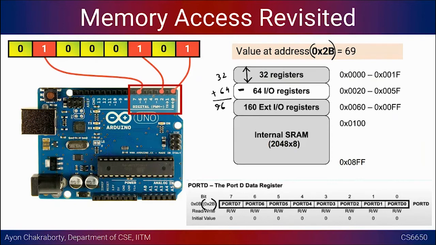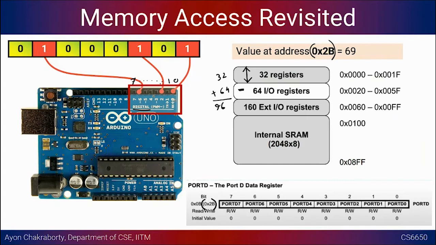If you look at an Arduino board, in the lower right hand side, you will see these pins starting from 0 to 7. You will see this digital input output is written here, digital, starting from 0. So 0, then 1, and so on up to 7. So there are these 8 pins here, right?